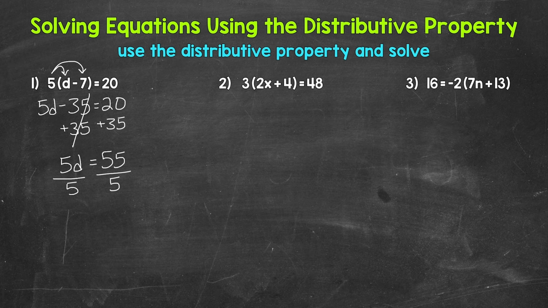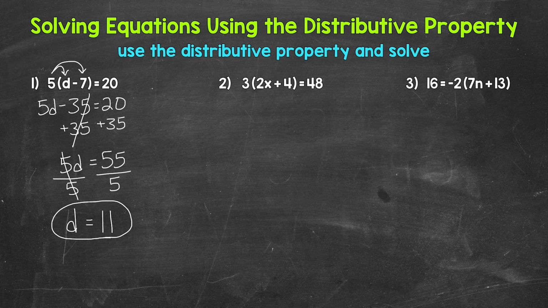Now on the left side of the equation, we are multiplying by 5 and dividing by 5. So these 5s cancel each other out. D is now isolated. So we have D equals, and then on the right side, 55 divided by 5 gives us 11. So D equals 11, and that's our solution.